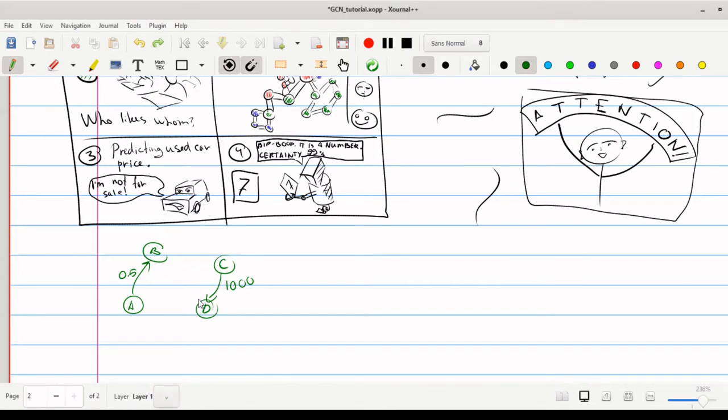So if you are the node D, then predicting whether or not this edge is there and whether or not the value of this edge is positive becomes a matter of very, very crucial practical importance, as you can imagine.